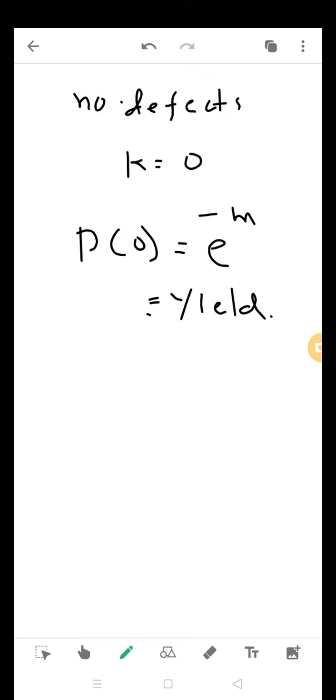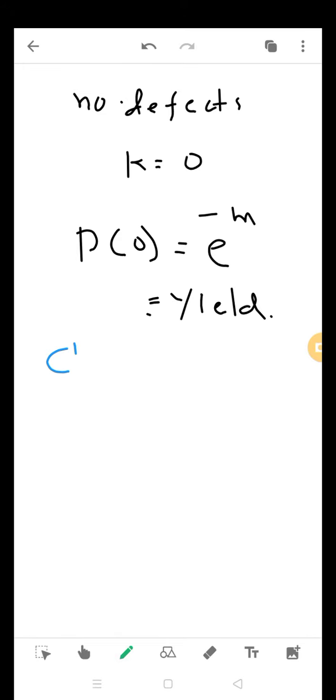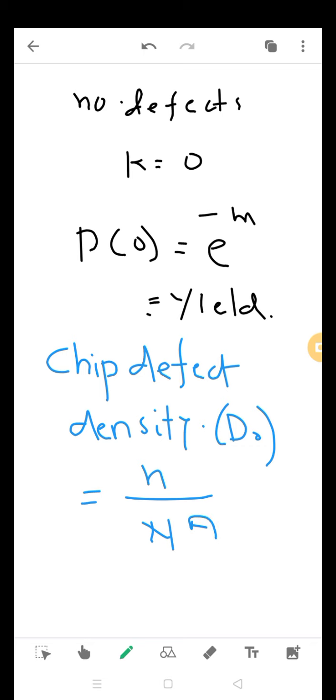Another parameter is the chip defect density, given as D naught, and it is equal to again small n divided by capital N into capital A, where A is the area of the chip.